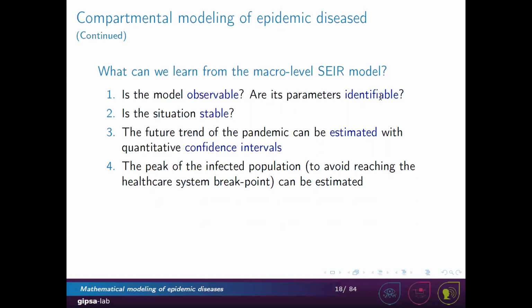Beyond that point, the mortality rate of the disease will increase and many people will die just because we do not have sufficient resources for hospitalizing people at the same time.